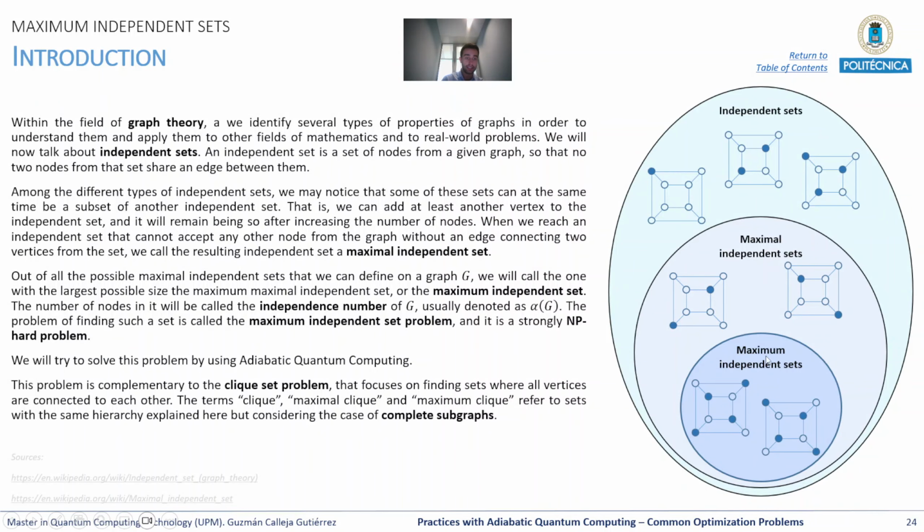And then there is this really small group embedded in all of them. They are independent sets, they are maximal independent sets, but they are called maximum independent sets. What is this? These ones are the ones that have the maximum nodes selected that are not interconnected between them. So here we have two, here we have four.